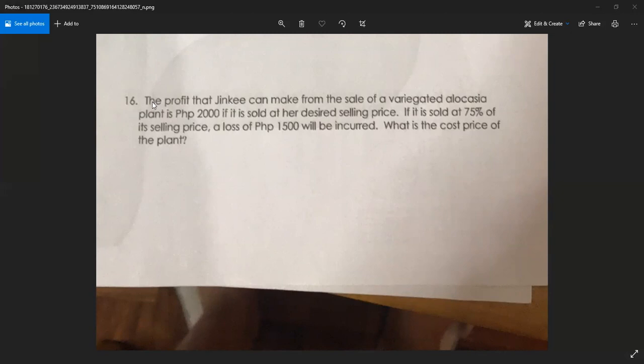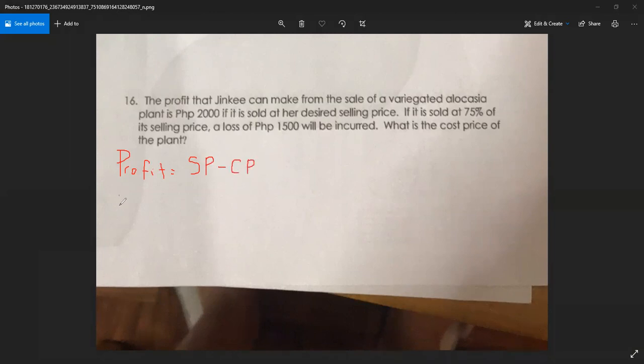So in here, since we are dealing with profit and selling price, you need to remember this one. Wait lang, where's my scratch paper here? Okay. Profit, I'll write it as letter P. Profit is equivalent to selling price, which is SP, minus cost price.